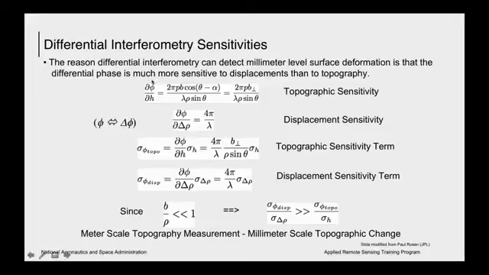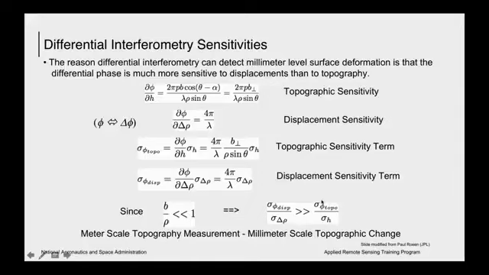That means that the sensitivity to 1 meter of height change is quite small. Whereas the sensitivity to displacements of the ground surface is simply 4 pi over lambda. That means for 1 meter of ground motion, we'll see a much bigger amount of phase change than we would see for 1 meter of elevation change.